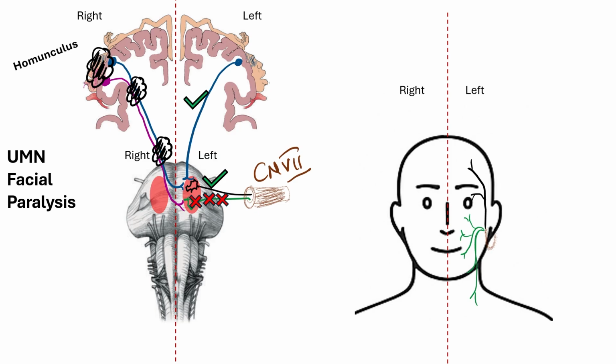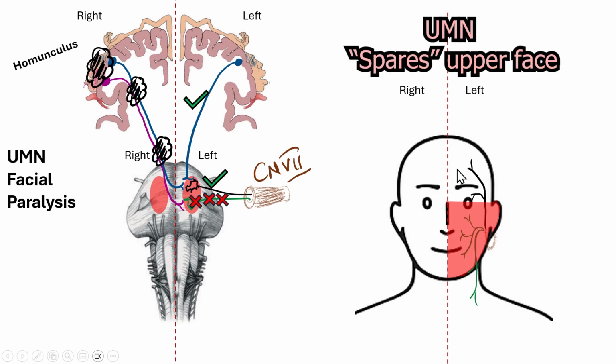Due to this reason, you will only have involvement of the lower part of the face, and there will be sparing of the upper part of the face. You can remember this law by understanding that if you see sparing of the upper part of the face, it is a UMN facial paralysis.